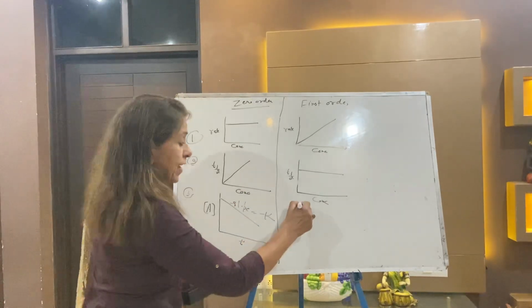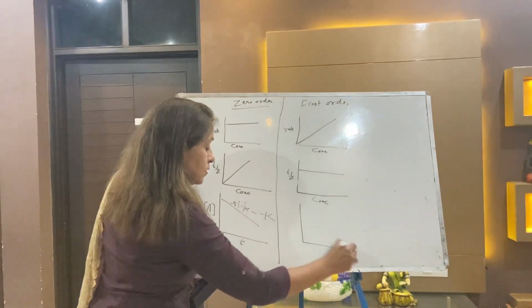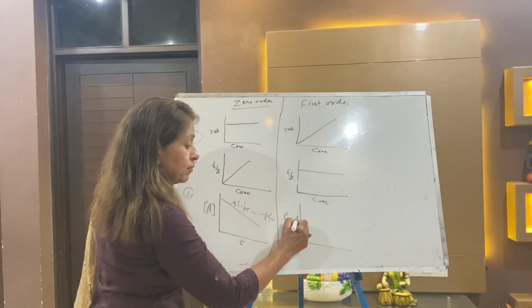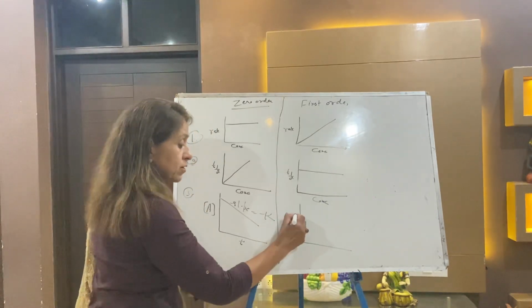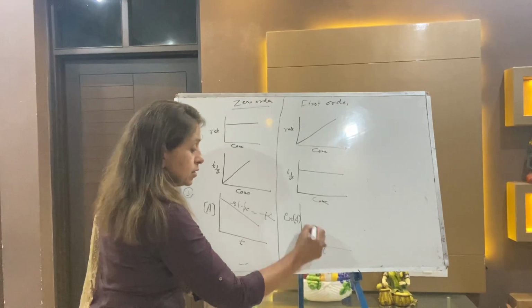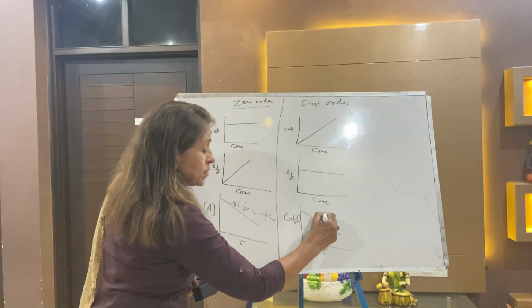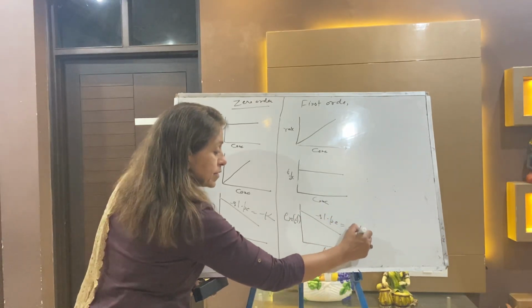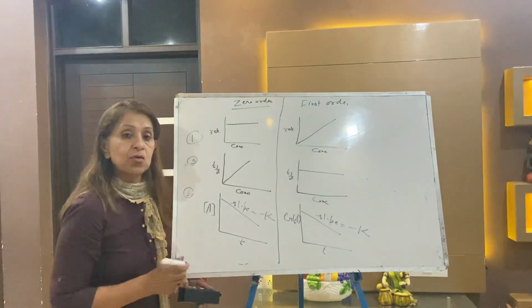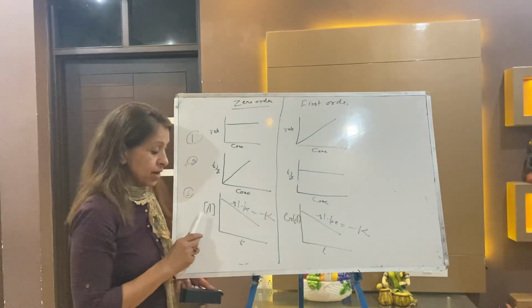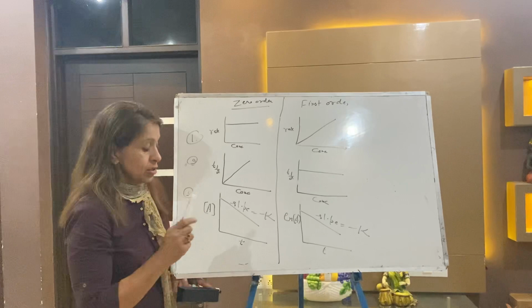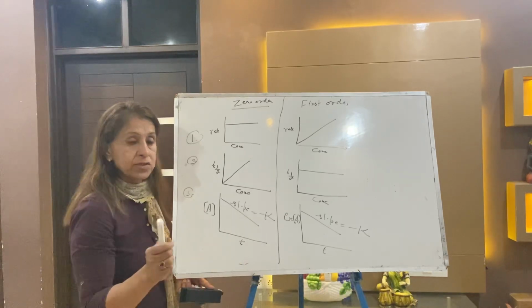But if on the y-axis there is the natural logarithm of A, the concentration of the reactant, and time on the x-axis, the graph is the same and the slope is also minus k. The difference is only the y-axis. From the y-axis you identify whether the graph is of zero order or first order.